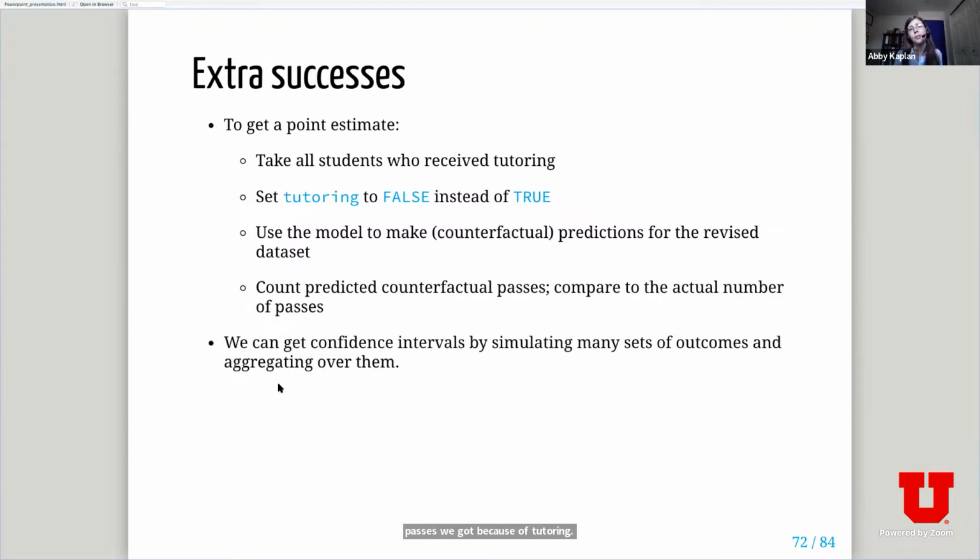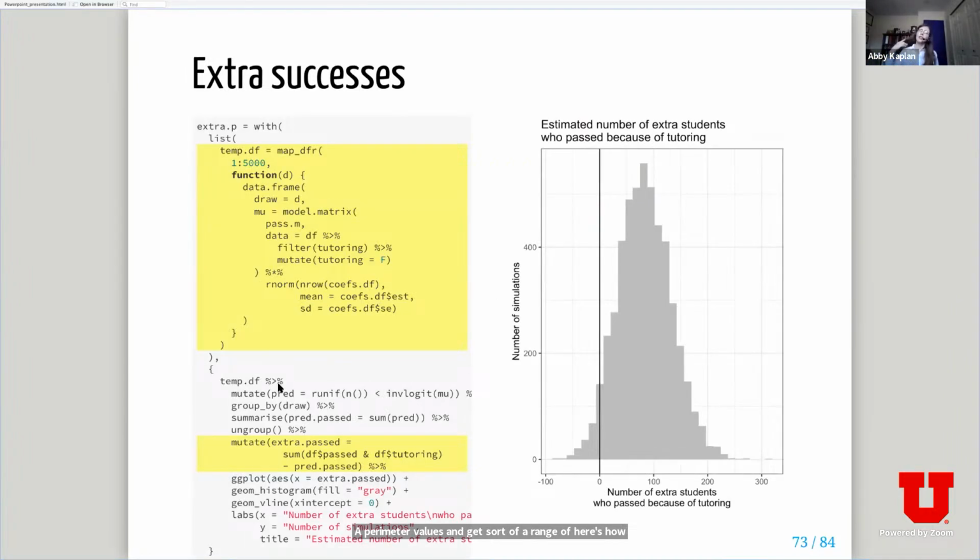If we want to get confidence intervals, we can essentially run this many times, 5,000 times or something, and each time take a slightly different draw of parameter values and get a range of here's how many students we think passed because of the tutoring. All right, so here's an example of what that looks like. We have run 5,000 counterfactual simulations of what if you hadn't been tutored.